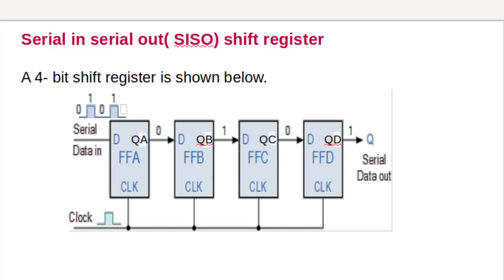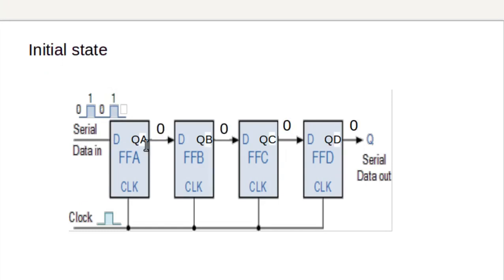It will be given at the input D of the first flip-flop or at this point. And before entering, at first we will clear all the flip-flops. So the output of all the flip-flops are zeros now. You can see here QA, QB, QC and QD all are zeros. And so the register is in the cleared state, and now we will be entering the data 0101.